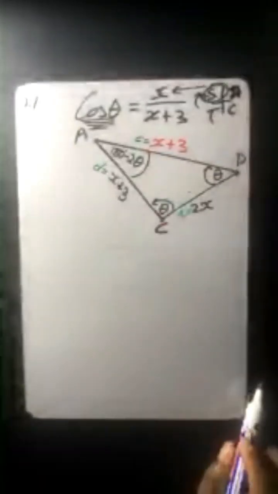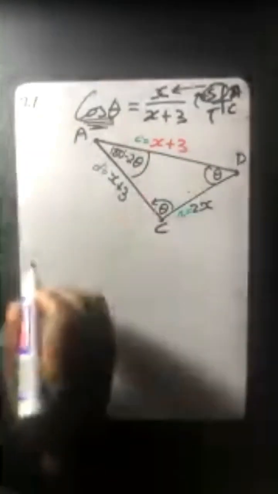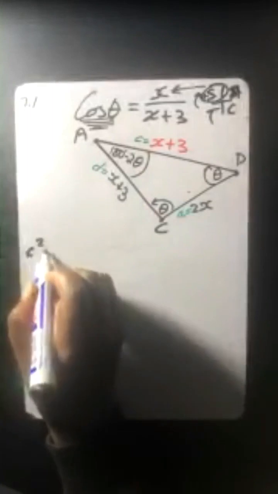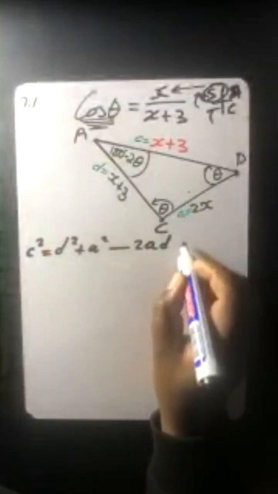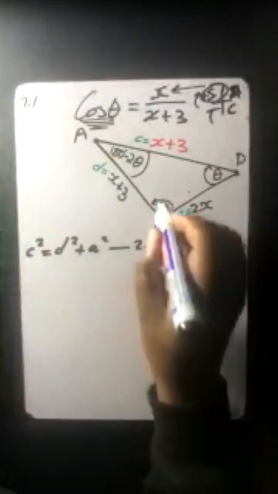You see, this is capital letter C. So that means this is small letter C. This is capital letter A. That means this is small letter A. This is capital letter D. That means this is small letter D. So that means, to formulate in terms of letters, we are having c squared being equal to, you can say, d squared plus a squared minus 2ad cos of which angle?